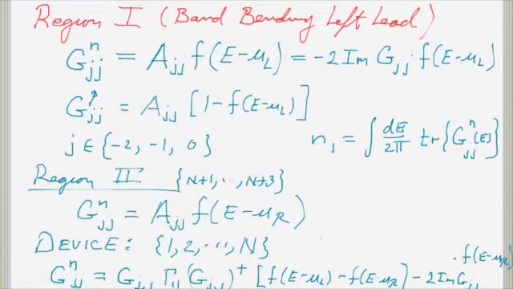So over here, this is our first column. This is just the dagger of the first column blocks. So all we need is the first column and the diagonal blocks to get the charge density throughout the non-equilibrium region of the device.